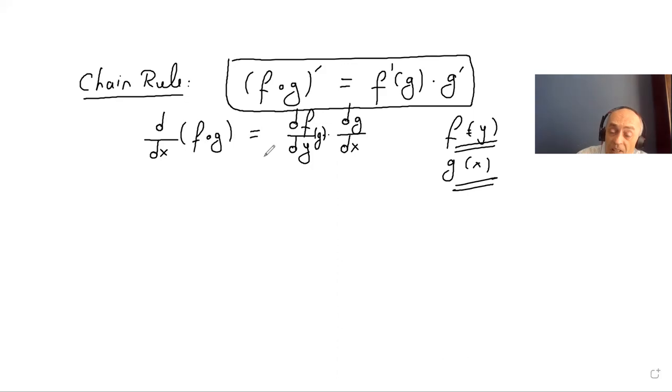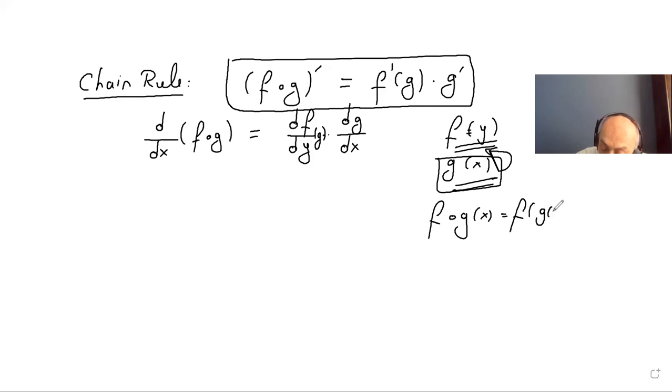But there is a better way of saying things. If you simply call g of x the thing that I'm going to substitute in for y when I do the composition f of g, right? Because the composition is f of g of x, it makes sense to call this g of x y.